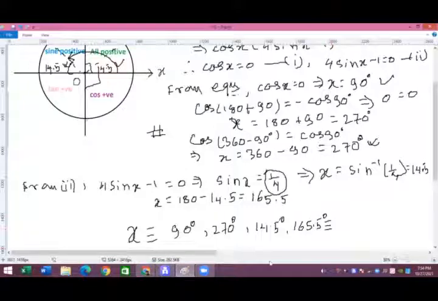While writing the answer, it is better to write them in order, so finally it is 14.5, 90, 165.5 and 270 degrees, and these are the answers.